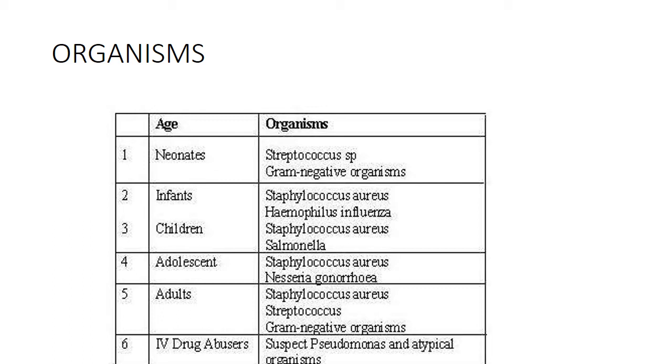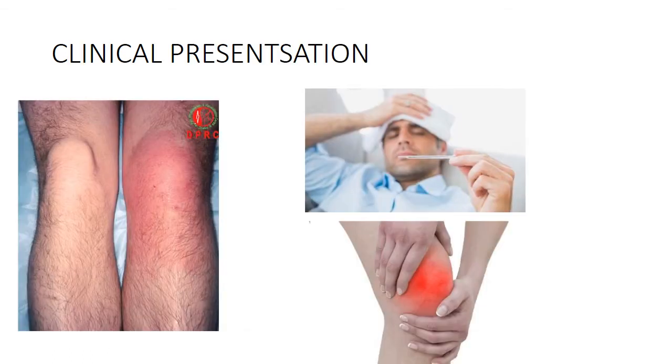Look, Staphylococcus aureus is everywhere, and Neisseria gonorrhea. Adults have Staphylococcus aureus, Streptococcus, and gram-negative organisms. IV drug abusers, Pseudomonas. Pseudomonas is always common in all IV drug abusers, in all infections, anywhere in the body; you will find Pseudomonas in IV drug abusers.